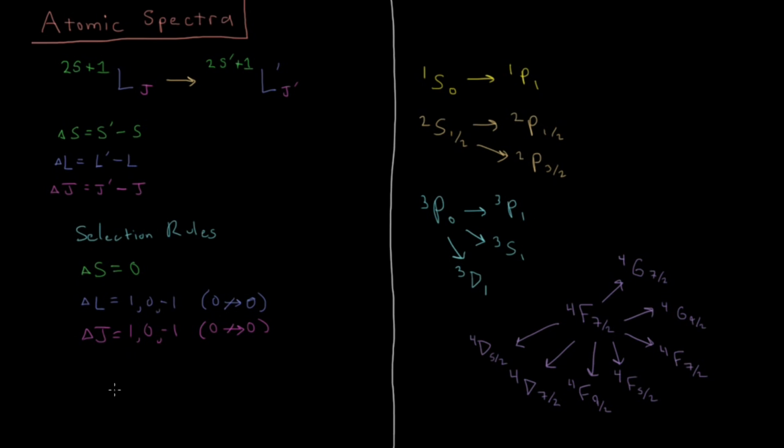Most importantly, remembering to note that L plus S is greater than or equal to J, which is greater than or equal to the absolute value of L minus S, and J, L, and S must all be greater than or equal to 0.